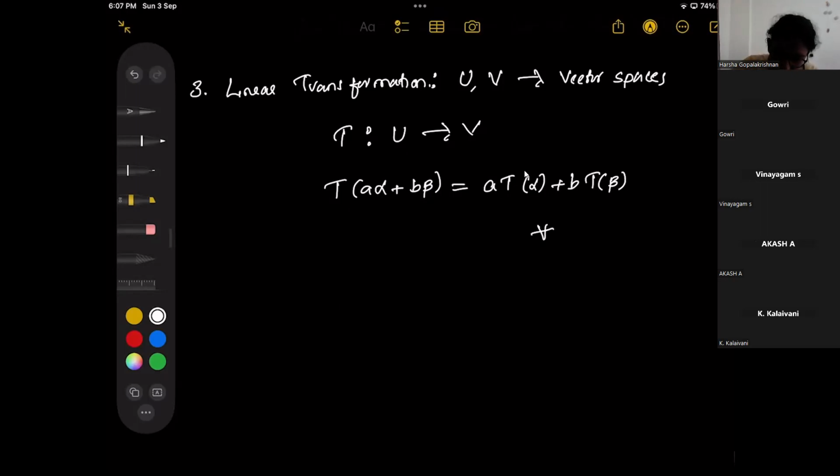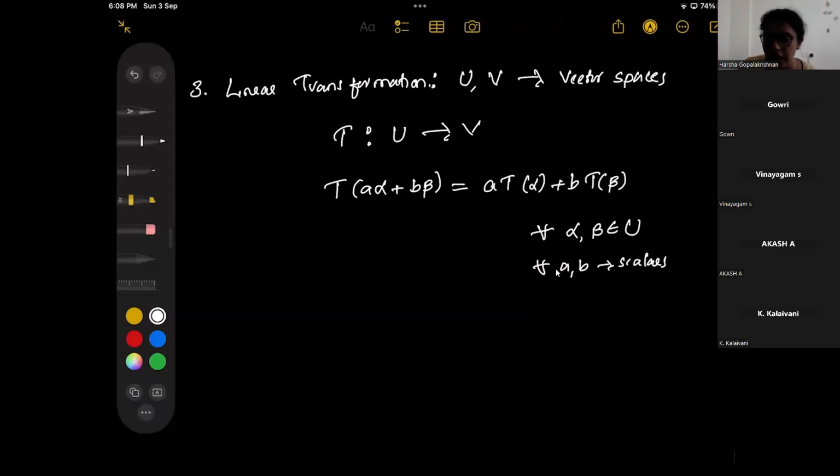This should be true for all alpha, beta in the space U because T is from U to V, and also for all a, b scalars, from whatever field under which this U is defined.